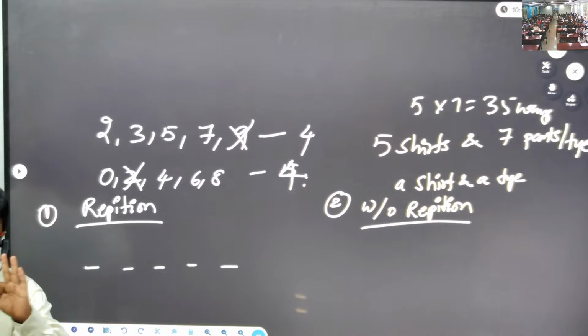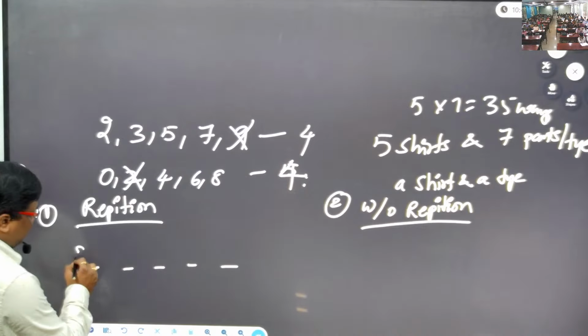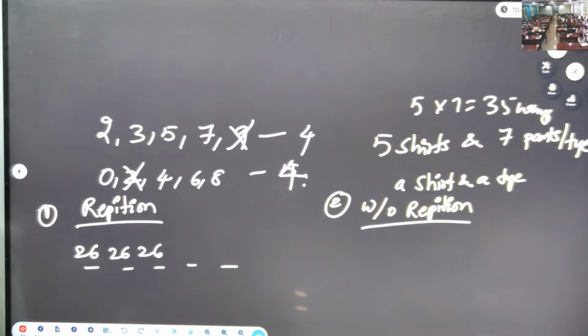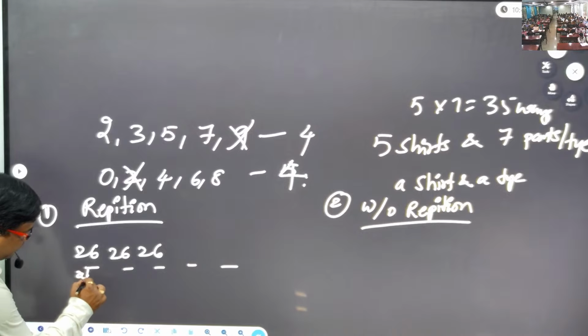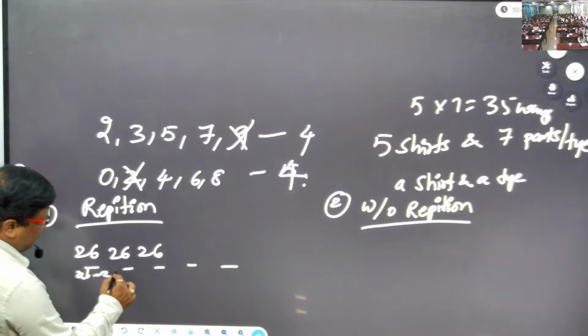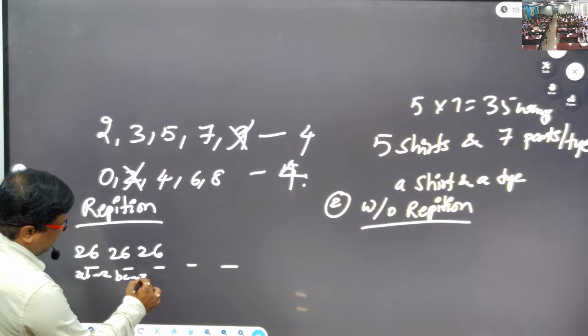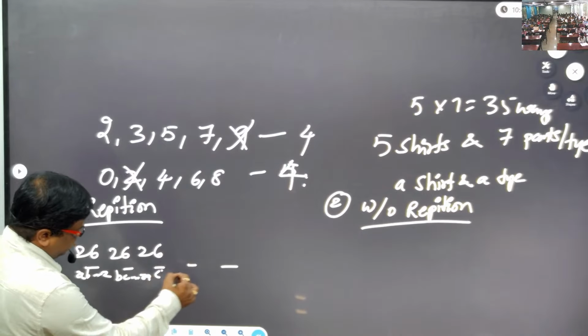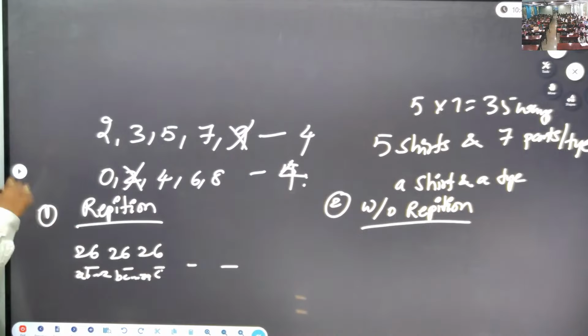3 times. So the first 3 letters we get with 26, 26, 26. Because if you start with A, you can follow with B, C, D up to Z. Similarly, if you start from B, you can also write A. If you start with C, D, E, F up to Z, you can again include A, B. That is the case. Then what about the remaining 2 letters?